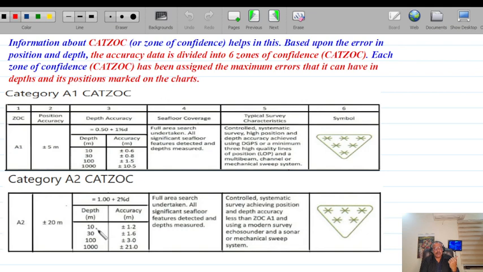But in category A2, 10 meters is plus minus 1.2, almost doubled. With 30 meters it is 1.6, again already doubled. With 100 meters it is 3 meters, and with 1000 meters it is 21 meters. So it's double the effect on the position accuracy and with respect to the depth in meters.